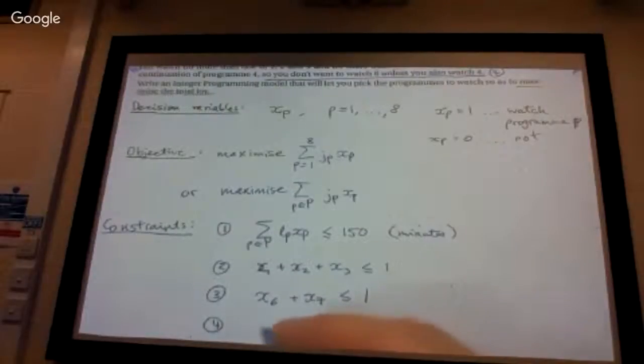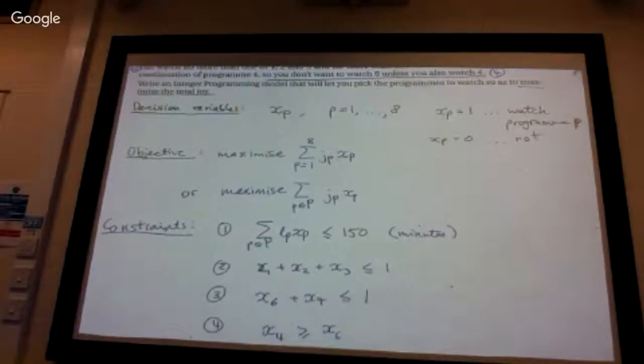Yeah, something like that. So this prohibits x4 being 0 and x6 being 1, which is exactly what this says. Okay, is that clear?